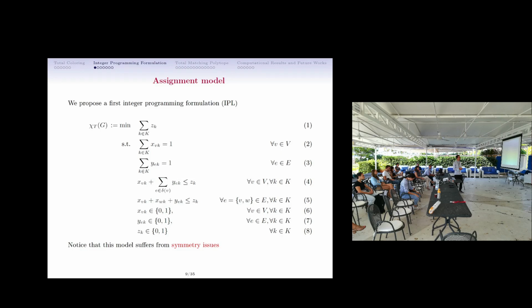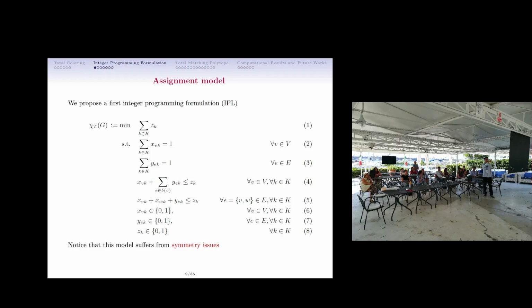In a similar way, for every edge e with endpoints v and w, and for every color k, in constraint 5, only one of these elements can take the color k, and the corresponding variable z_k is set to 1 if the color k is used by that edge or its vertices. In the objective function 1, we want to minimize the total number of colors in order to cover all the elements of the graph G.